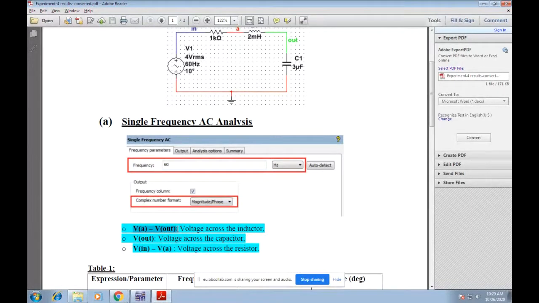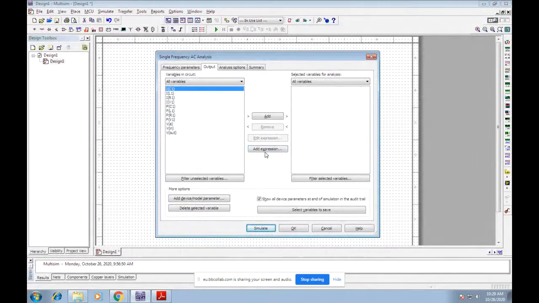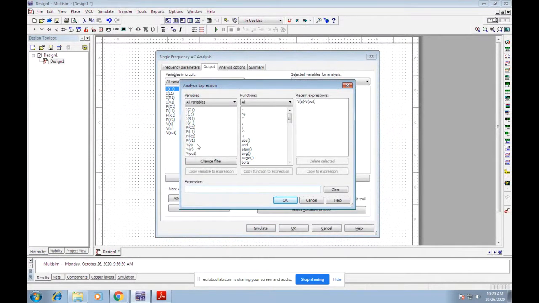For the inductor, what is the expression? VA minus V out. So here we need to add expression. First select add expression. What is the expression? VA. So select VA, copy variable to expression, VA will come here. And minus, so you can use minus, plus, multiply, divide, anything. We are supposed to use minus, then copy function to expression.